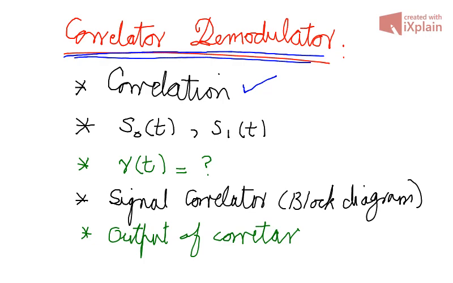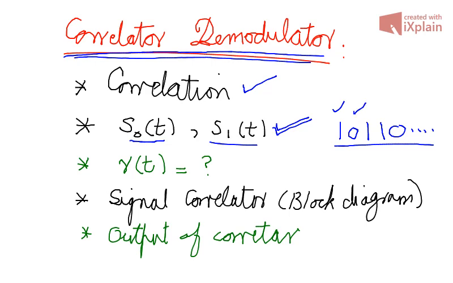Then we will choose two signals for binary data transmission, S0 of t and S1 of t. We expect that our data bits are some binary sequence, and we represent a binary 1 and a binary 0 by two waveforms, that is S0 of t and S1 of t.